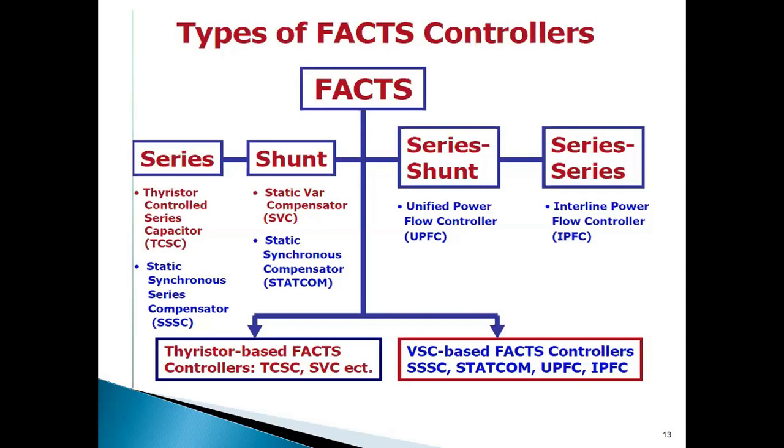Sometimes we call it a static compensator: the first four letters, stat, and compensator, so STATCOM. And we add one more word, synchronous, because like a synchronous generator, it also delivers a voltage, so it acts as a voltage source.